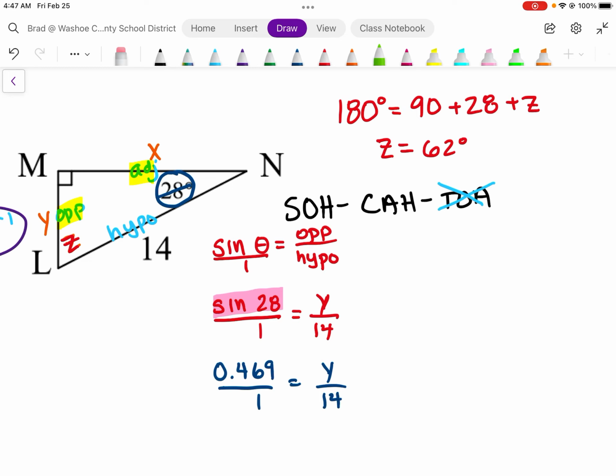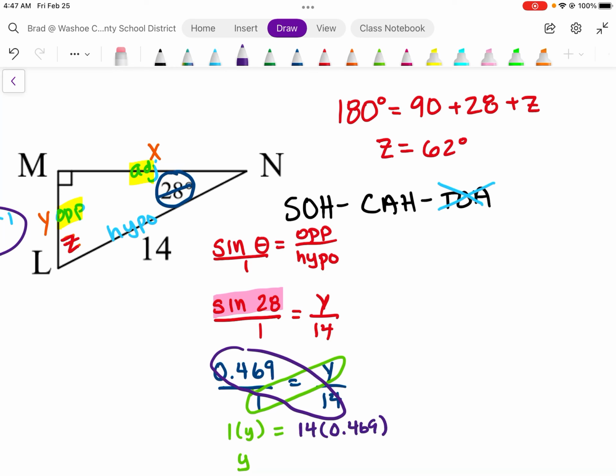Then we cross multiply. 1 times y is just y, and on the other side I get 14 times that decimal of 0.469. When I put that into the calculator, we get 6.57, and I can round up, so 6.573.